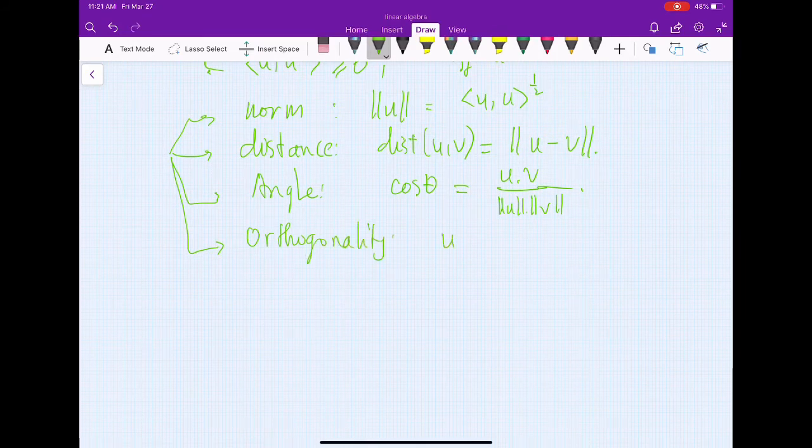You say two vectors are orthogonal if their inner product is 0.